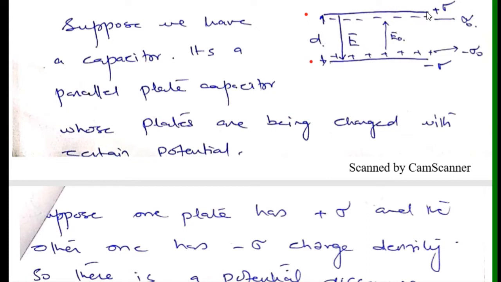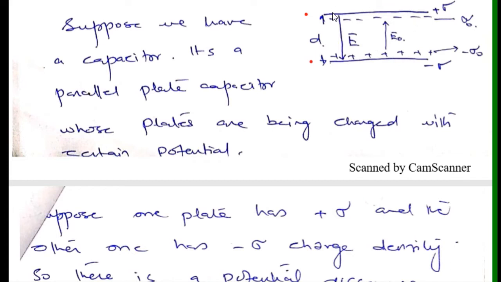As the upper plate is positive and the lower plate is negative, the direction of the field in this case will be from top to bottom. So now I know that d is the distance between the plates, plus sigma is the positive charge density, minus sigma is the negative charge density, and E is the electric field.